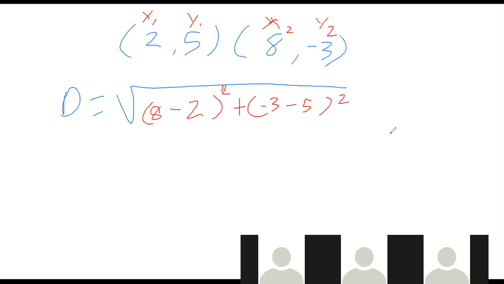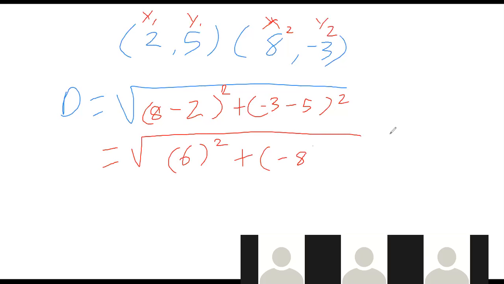So then what's 8 minus 2 going to be? 6, and squared. Then -3 minus 5 should be... -8. Yeah, -3 minus 5 would turn into -8.